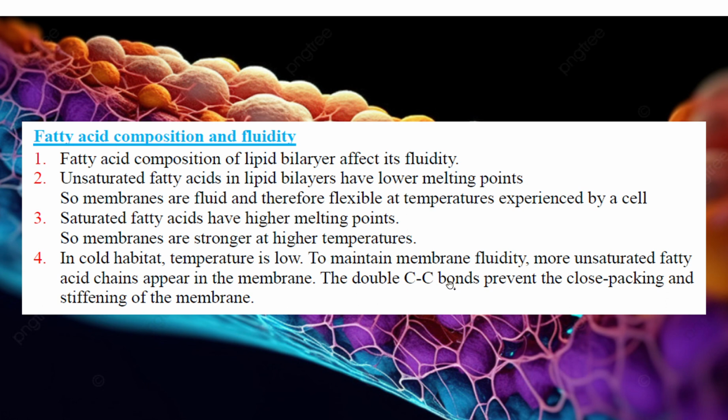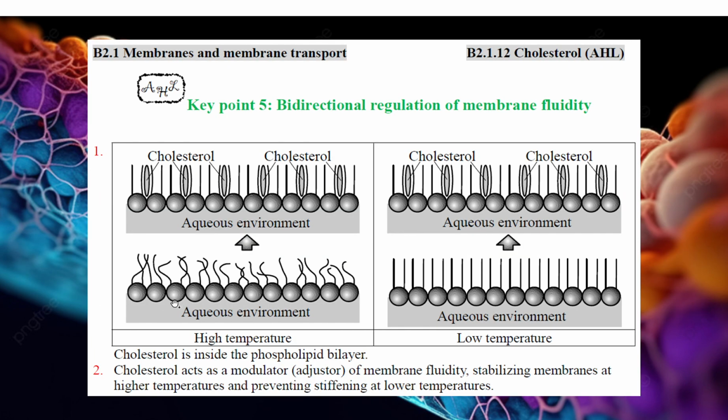Yes, more unsaturated. It is an observation that there are more unsaturated fatty acid chains there. These unsaturated fatty acid chains lower the melting point and keep the membrane fluid, and prevent them from closely packing or stiffening together.